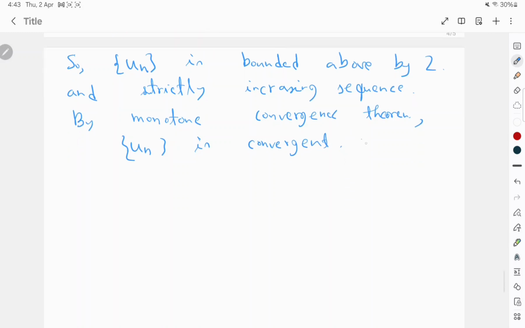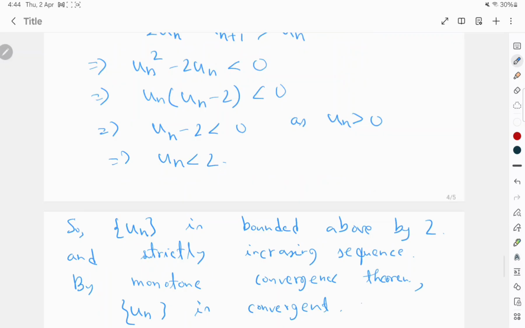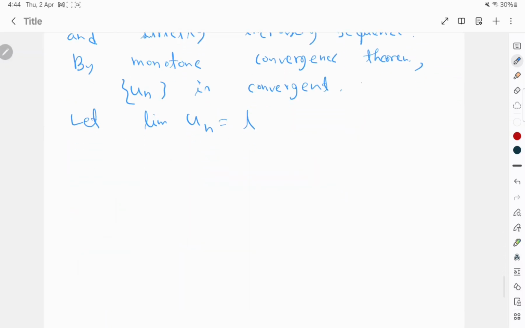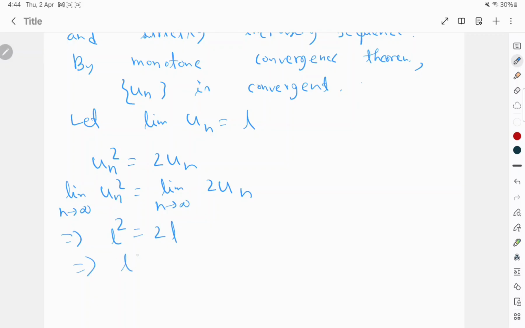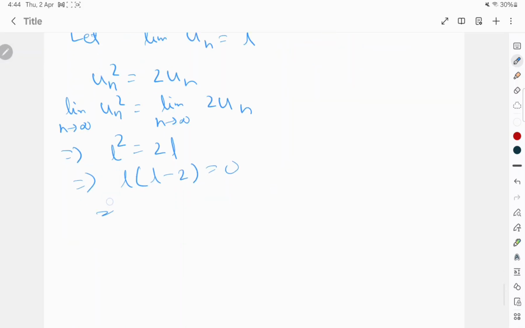So obviously, let the limit of un be L. We don't know what the number is, because we cannot say this is the least upper bound. But you already have un square equal to 2 un. If you take the limit as n tends to infinity, you have L square equal to 2L. This implies L equal to 0 or 2.